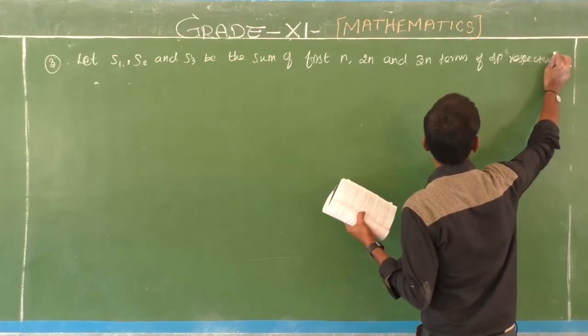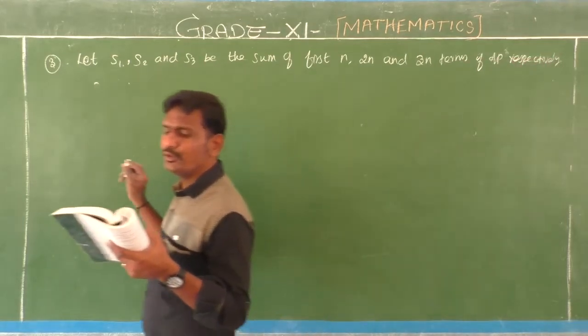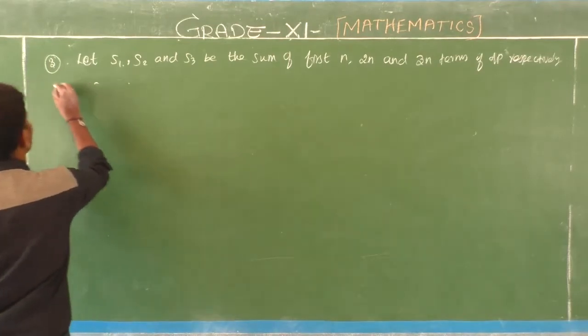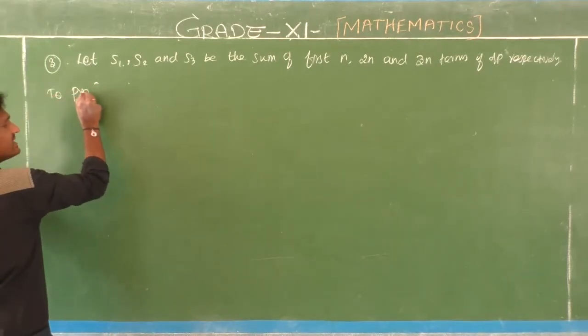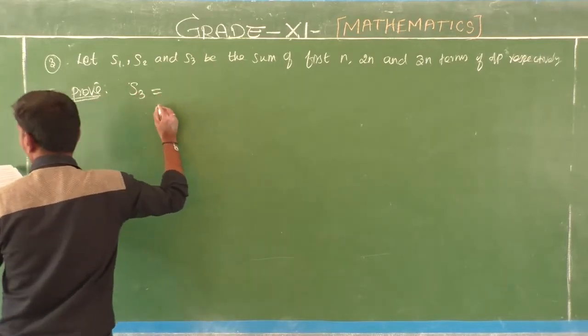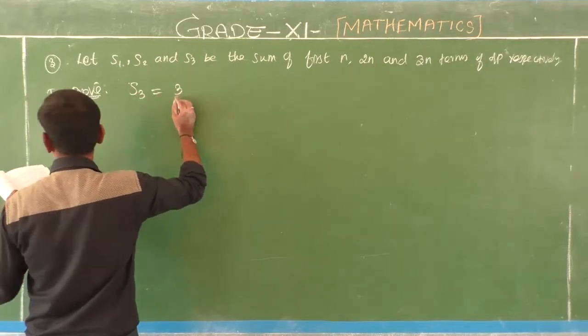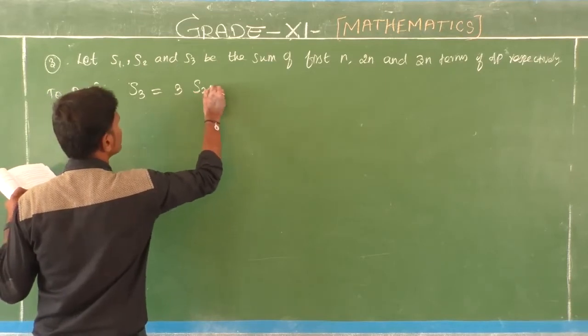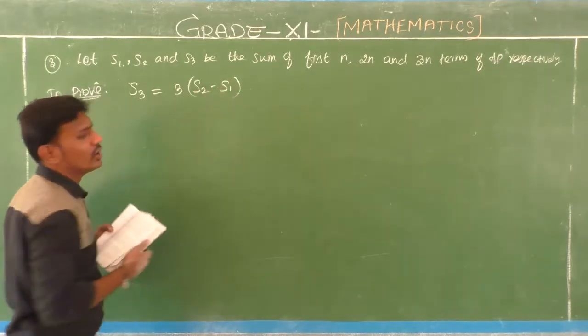Now, what are we going to prove? To prove this, S3, the sum of the first 3n terms, is equal to 3 into S2 minus S1. That's what we are going to prove.